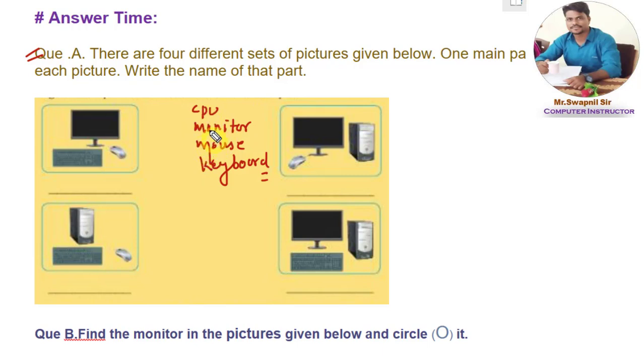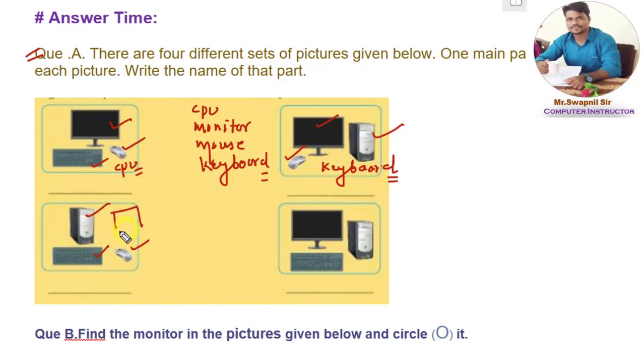Okay, and main parts. So in this picture, which part is missing? See, here is monitor, keyboard, CPU. Here missing CPU. Look at this picture. Here present monitor, CPU, mouse. What is missing here? Keyboard. Now this picture, here present mouse, keyboard, CPU.